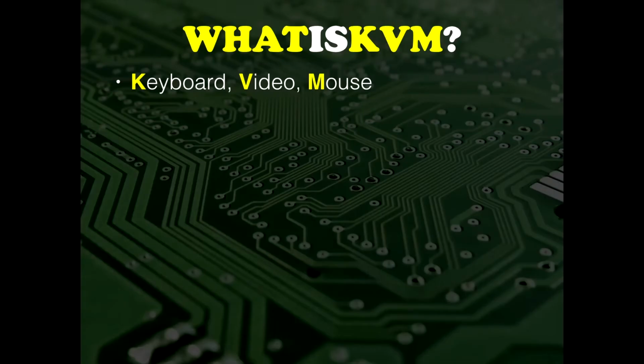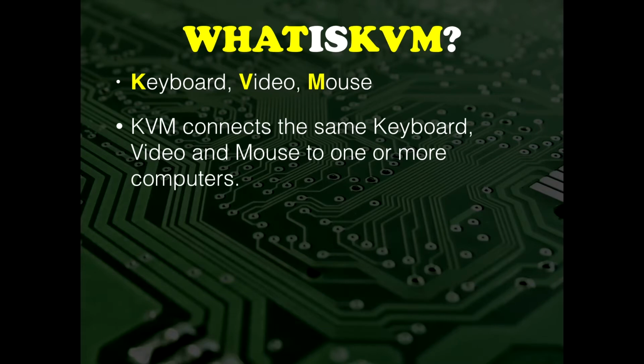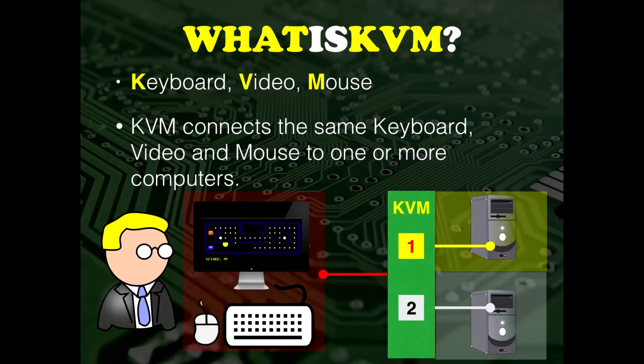KVM simply stands for keyboard, video, and mouse, right? Its only purpose in life is to connect a single set of keyboard, video, and mouse to one or more computers. It all looks something like this.